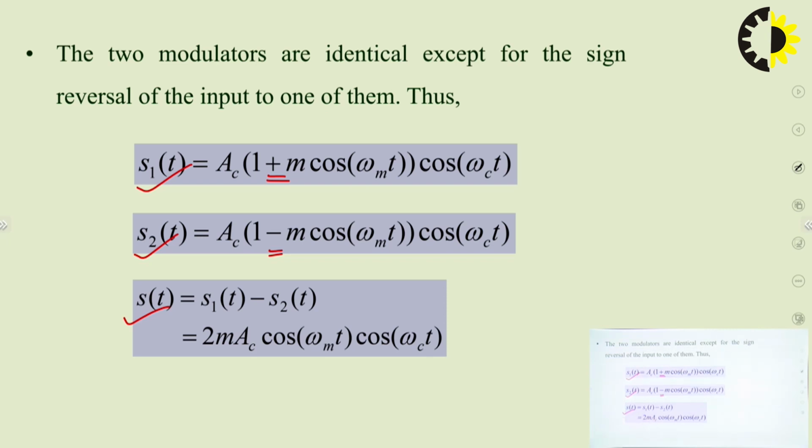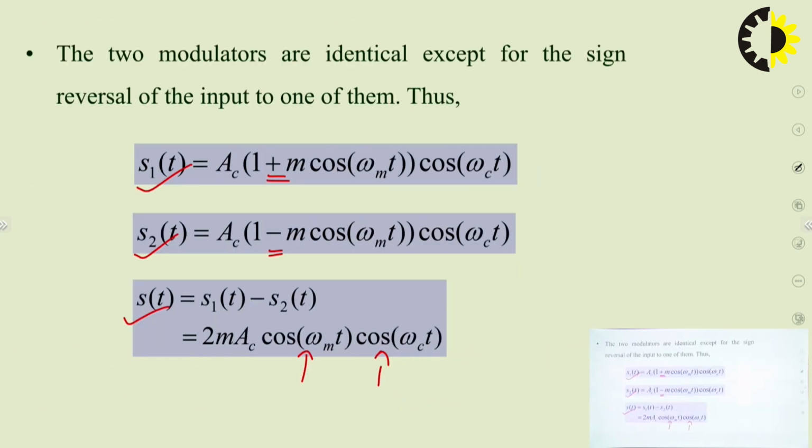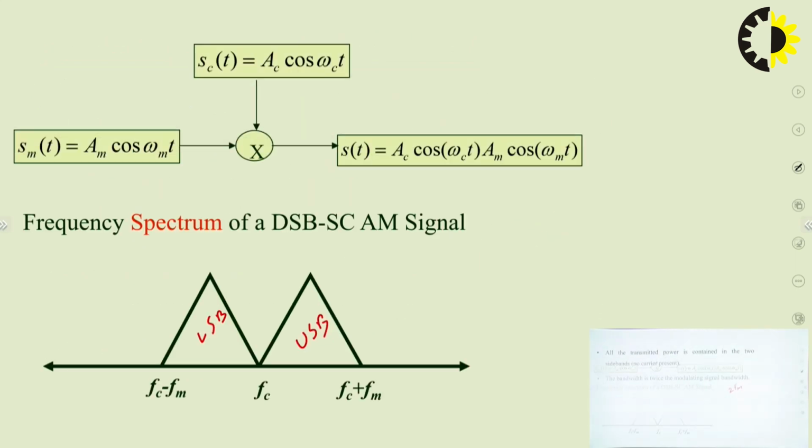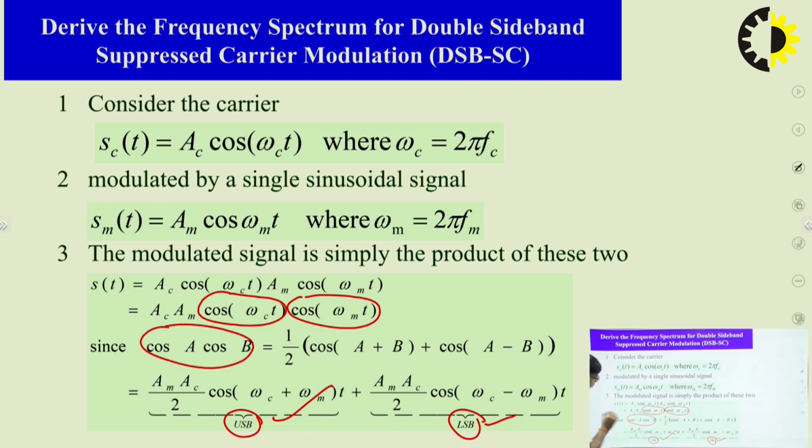Here we are left with only the product of the modulating signal and the carrier signal, and the product of these two signals gives us the two sidebands, upper sideband and lower sideband, by the formula for cos A cos B, which gives cos(A plus B) plus cos(A minus B). So we obtain the two sidebands.